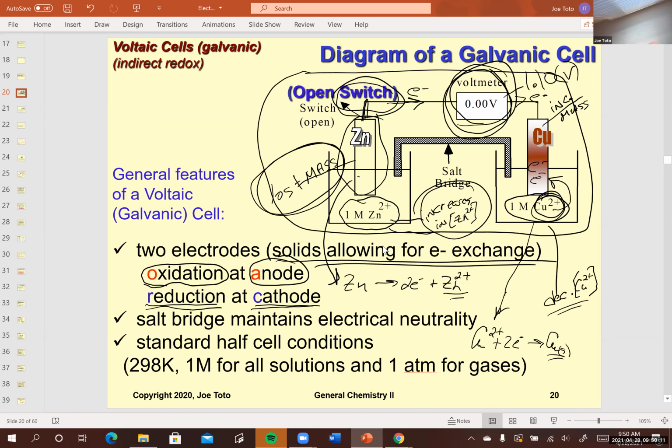So for this process, which we call a voltaic or a galvanic cell, for this setup where electrons spontaneously flow from the zinc half cell to the copper half cell, what would the delta G for this setup be? Would it be positive or negative? It's negative. You know it's negative because it's spontaneous.